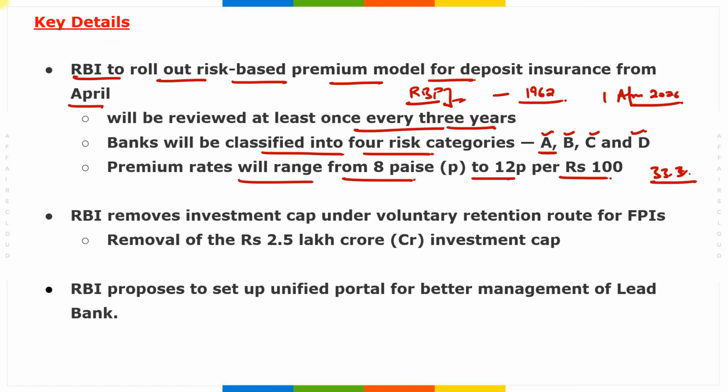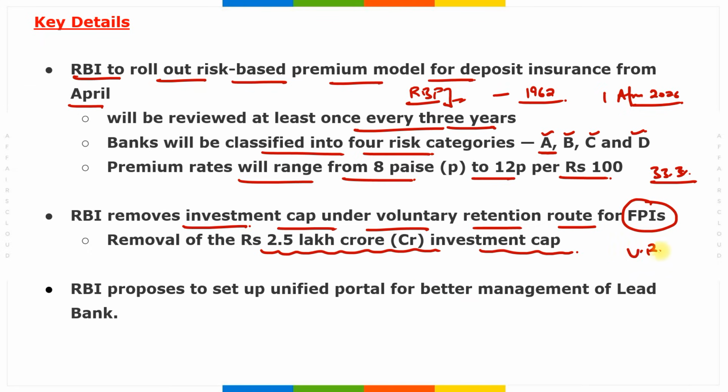And the next measure is RBI removes the investment cap under the voluntary retention route of the foreign portfolio investments. So this is again a very important measure that the Reserve Bank of India on Friday announced the removal of the 2.5 lakh crore investment cap under the voluntary retention route for foreign portfolio investors.